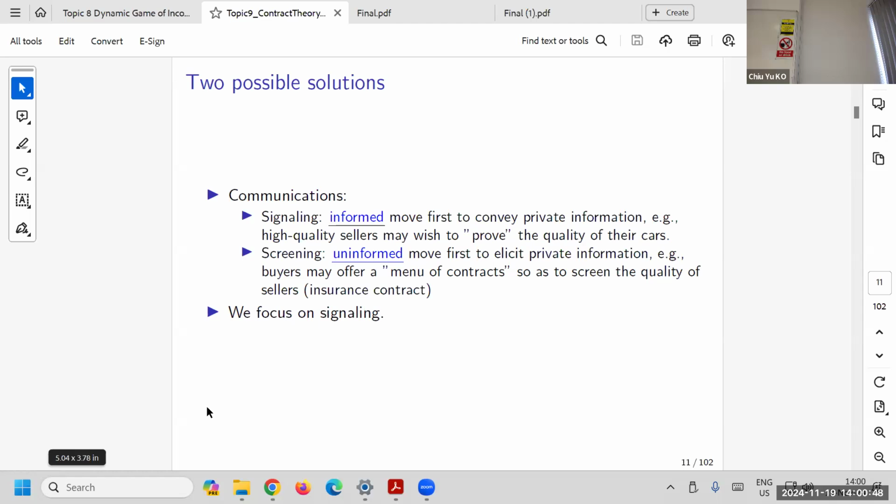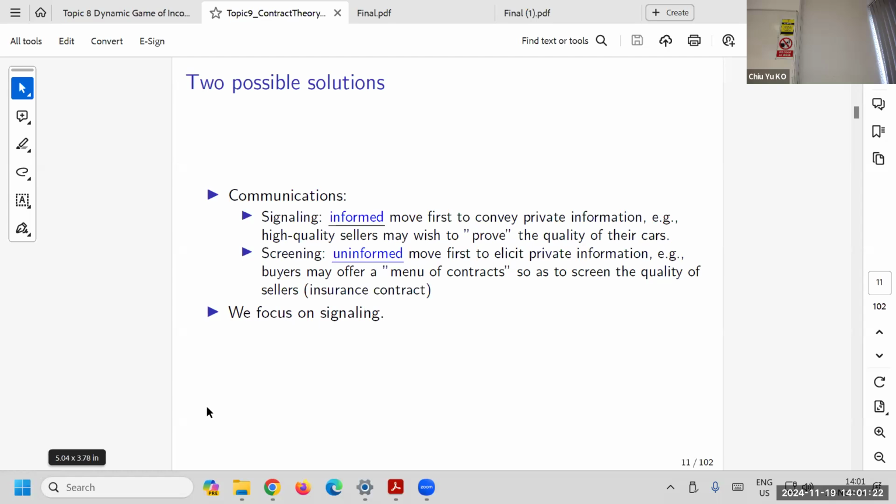Unhealthy people will likely require full coverage, so that will be more expensive. By allowing the insurance company to set up a menu of contracts, offering different prices, or price discrimination, they let people self-select. That's what we do in contract theory: you design a contract and let them sign up. We have already done the screening, so contract theory is more or less like the screening idea.